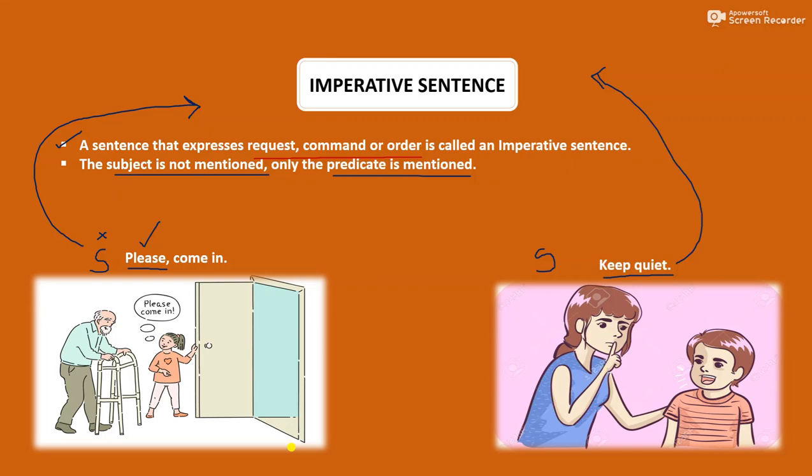And finally, we have imperative sentences, sentences where you request or give an order or a command to somebody. So I hope that we all have understood the first classification of sentences, and it is pretty much easy if you correlate every sentence with the four definitions.